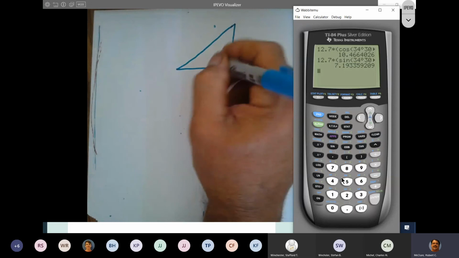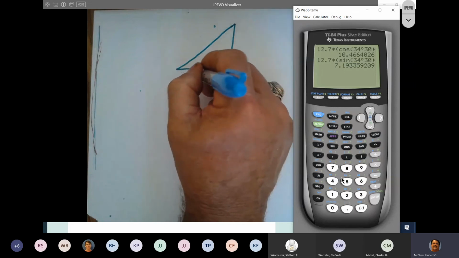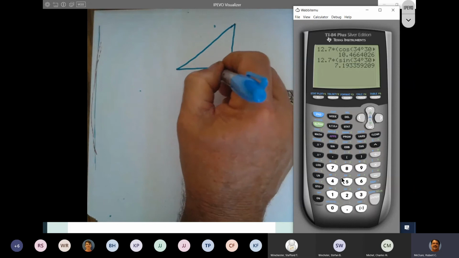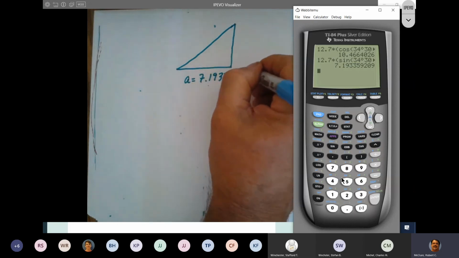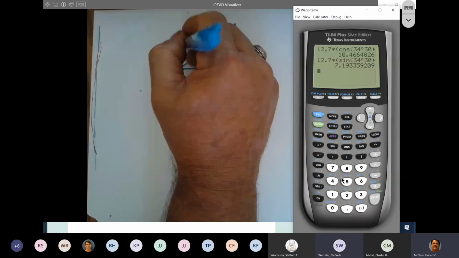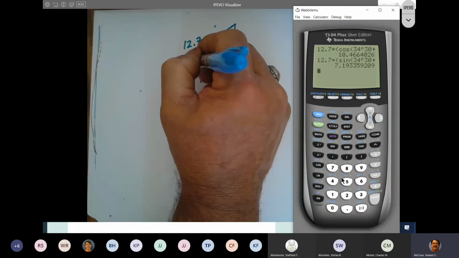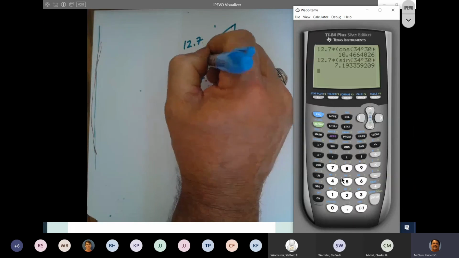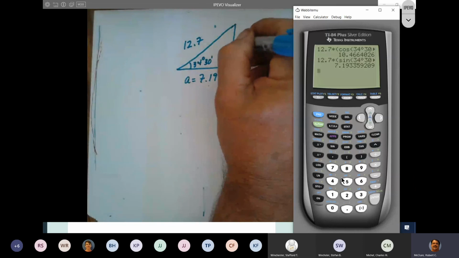So I'm going to draw my triangle. Now I've got A. A is equal to 7.193359209, and I would keep that in your calculator. The hypotenuse is 12.7, and the angle is 34 degrees, 30 minutes. Now I want to find the opposite, or A, whatever.